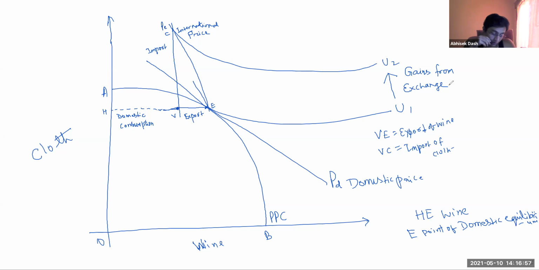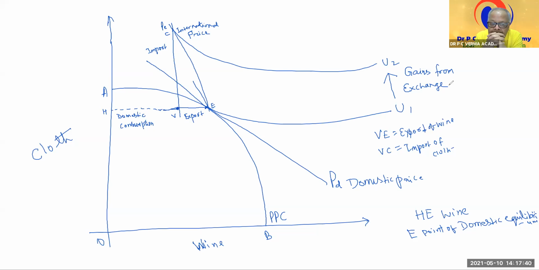Sir, from the diagram, AB is the production possibility curve of the economy. On the x-axis there is wine, and on the y-axis there is cloth. PD is the domestic price line, and the domestic equilibrium occurs at point E, where the indifference curve U1 is tangent to the production possibility curve. So the country exports VE amount of wine to another country and imports VC amount of cloth from that country at the international price of PE.